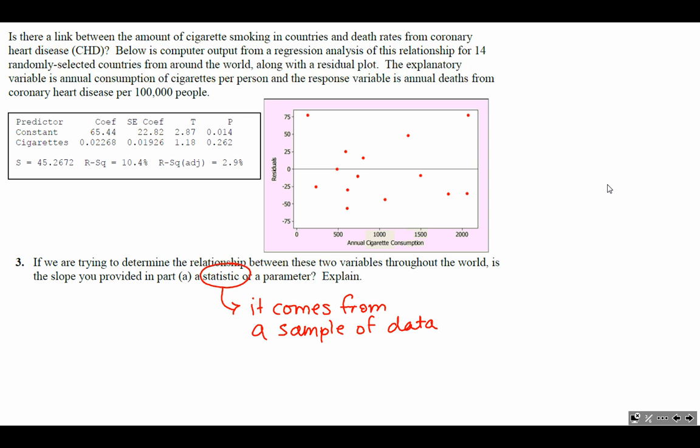Okay, what sample of data? It's only the 14 countries. There's obviously more than 14 countries in the world. So it's only from a sample of 14 countries. It's not from a population. So remember, statistic comes from a sample, where parameter is talking about a population. So we need to be careful of that.